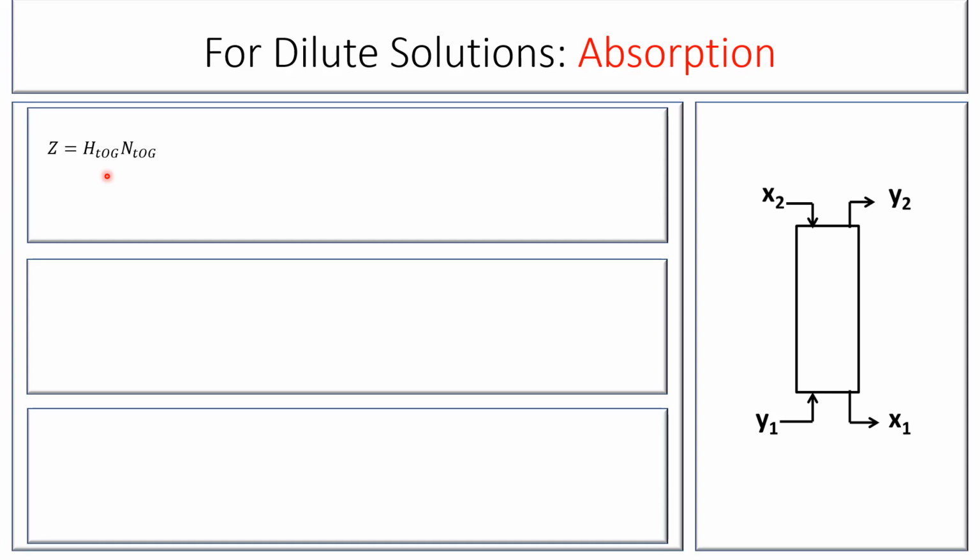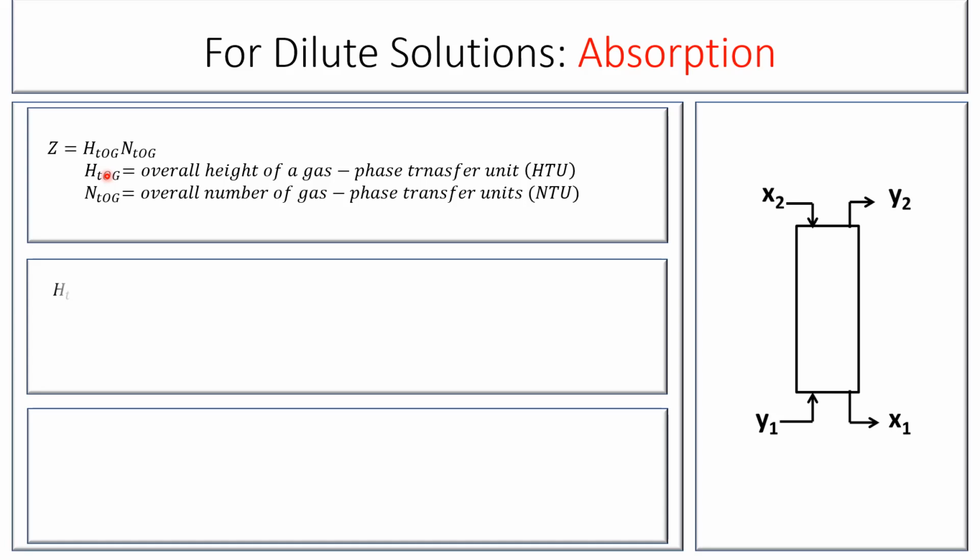Now, if you cannot get access to a pilot plant, or you don't have the necessary graph for your system, because those graphs are developed based on specific packing material, specific size of the packing material, and so on, then you can use this equation here to calculate the height of a transfer unit.